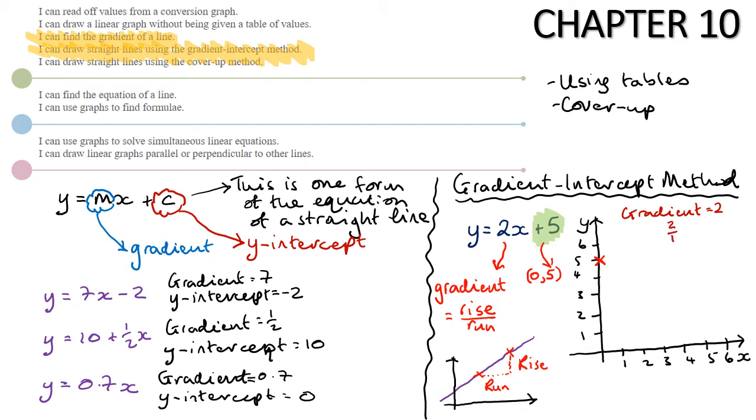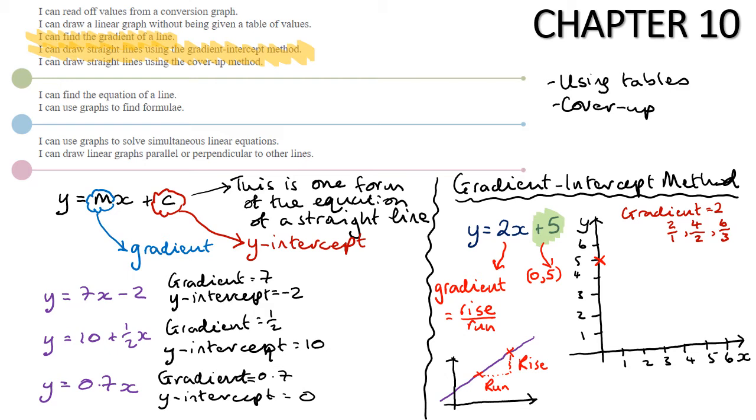So 2 up, 1 across. I could have a rise of 4 and a run of 2. You go up 4, you go across 2. I could have 6 and 3. So 6 up, 3 across. I could use any of those to get the other point.